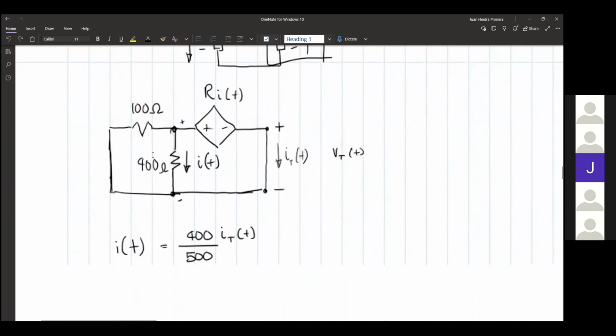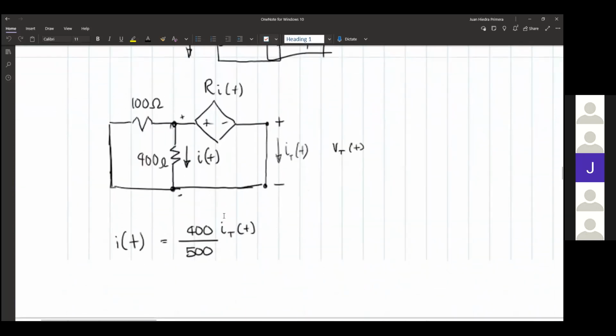We perform current division from here to find what the current traveling through the whole thing is. Remember that current division is the one that you're using over the sum of them times the total current. So total current here being IT.